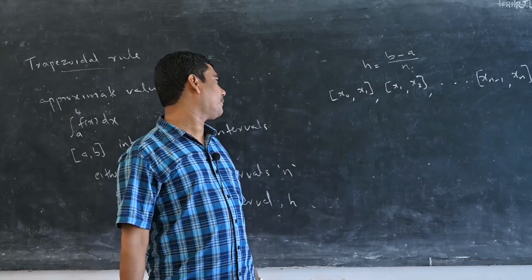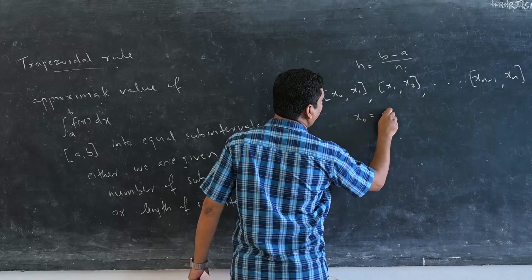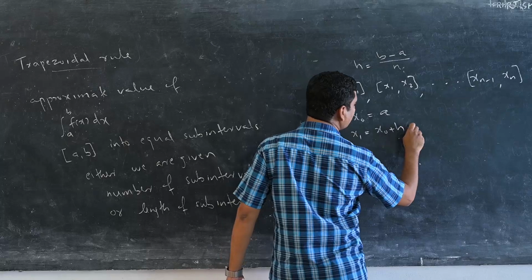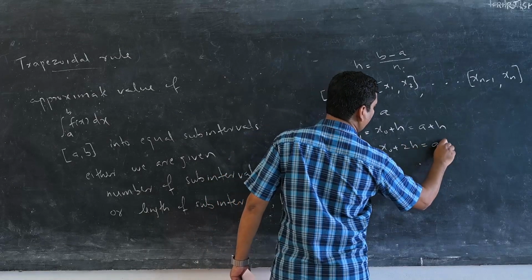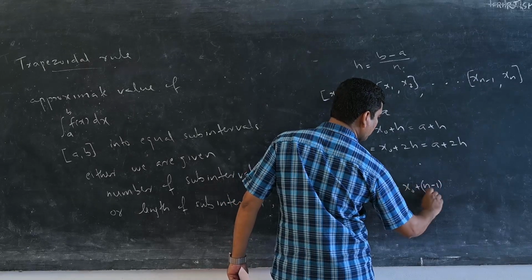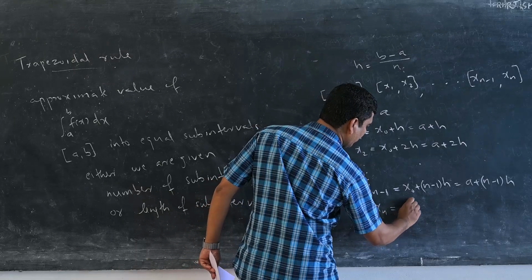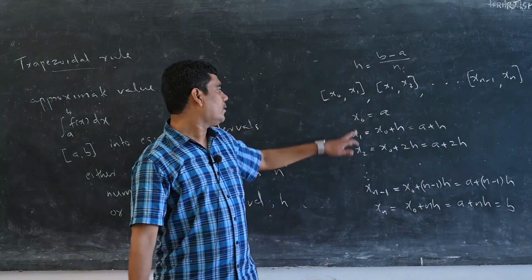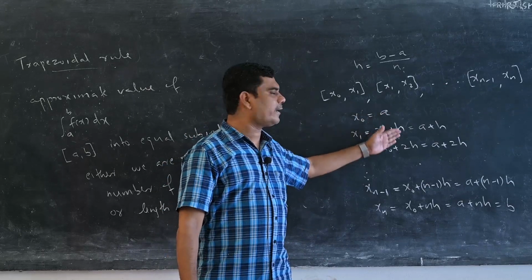Subintervals are of equal length. x0 is equal to a, x1 is equal to x0 plus h, this is a plus h. x2 is equal to x0 plus 2h, a plus 2h, etc. xn minus 1 is equal to x naught plus n minus 1 into h, is a plus n minus 1 into h. xn is equal to x naught plus nh, a plus nh is equal to b. x naught is equal to a and xn is equal to b. Start with a, end with b.